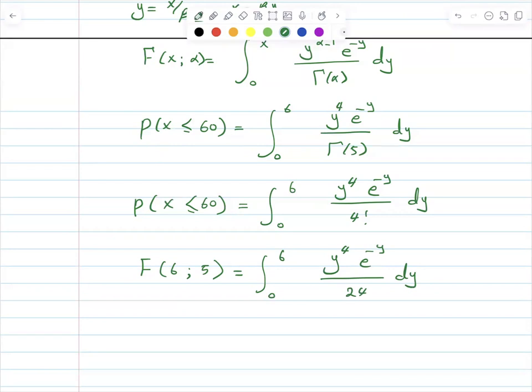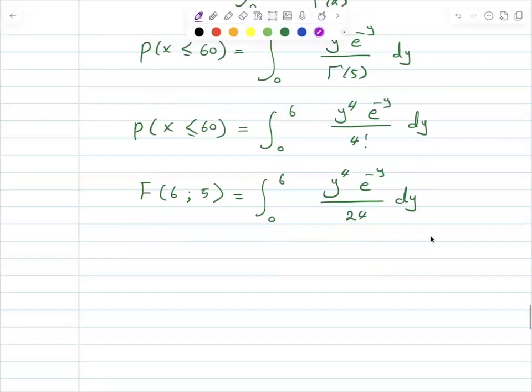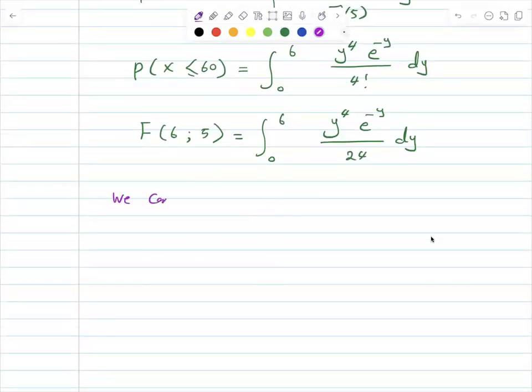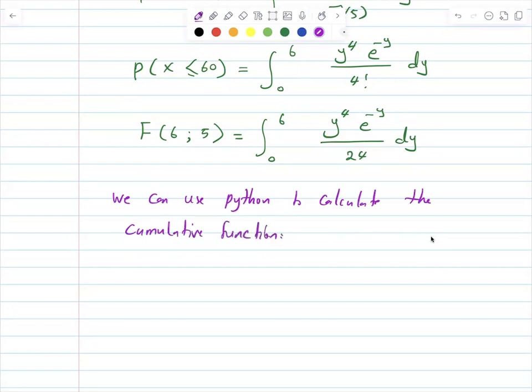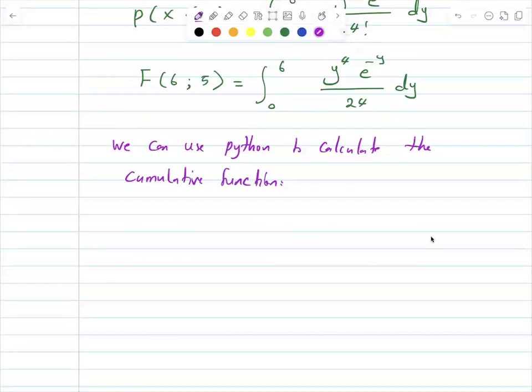Now you can basically use Python and run a few lines of code to do the computation. We can use Python to calculate the cumulative function. Since we are using the gamma distribution, you can use scipy.stats gamma.cdf.